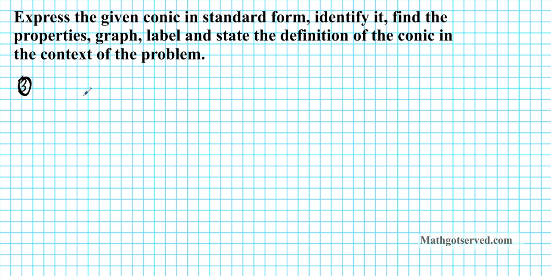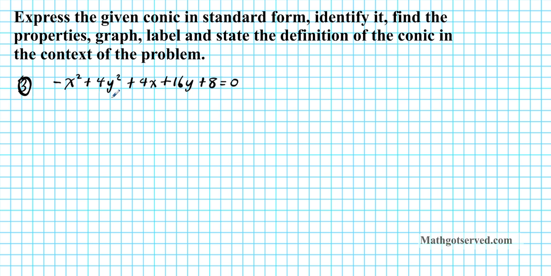So what if we have the conic with the equation negative x squared plus 4y squared plus 4x plus 16y plus 8 equals 0. Now what kind of conic section is this? If you look at the squared variables, you notice that we have two squared variables.